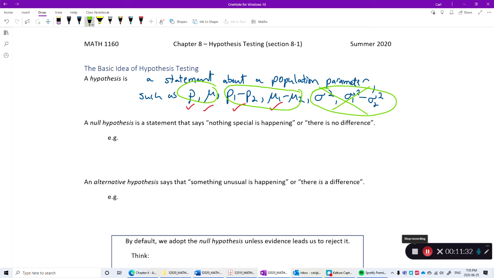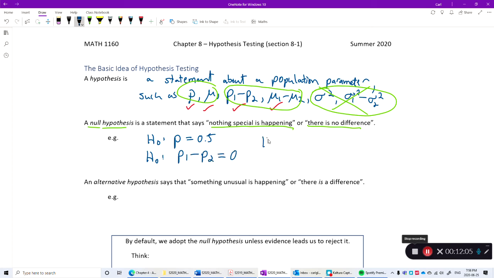So a null hypothesis is, again, the kind of default assumption. It's the statement that nothing is happening, or there is no difference. So for example, one null hypothesis might be that the proportion is a half. So it's saying something is equally likely or not to happen. Or it could be that the proportion of one population is the same as the proportion of another population.